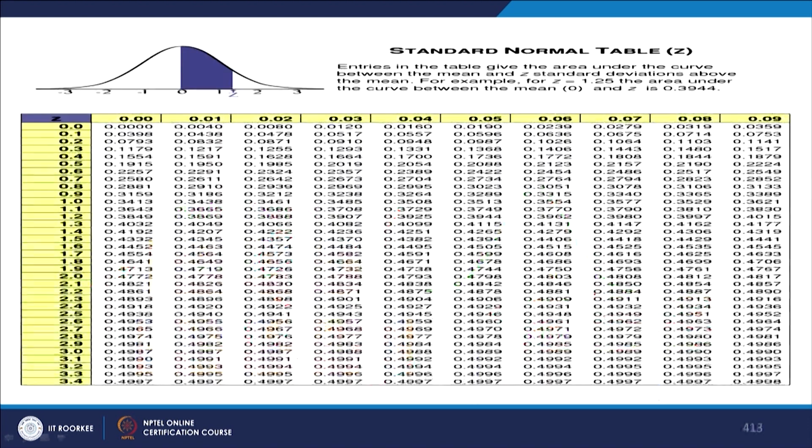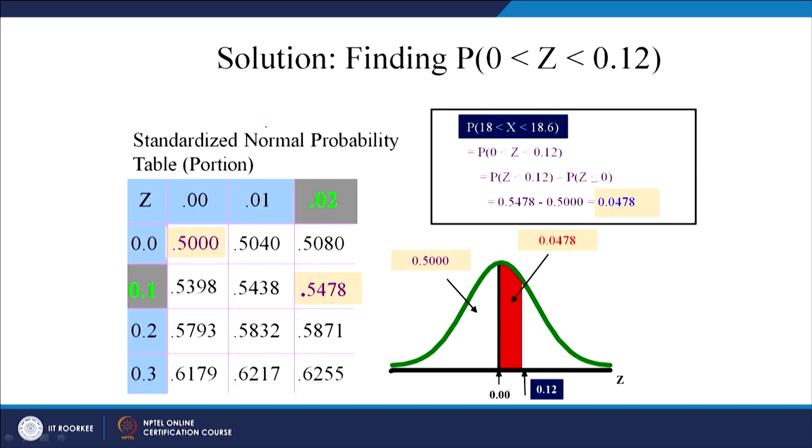So, 0 to 0.12, I think this is the right table, is it not. The area from 0 to 0.12 is 0.0478, right.